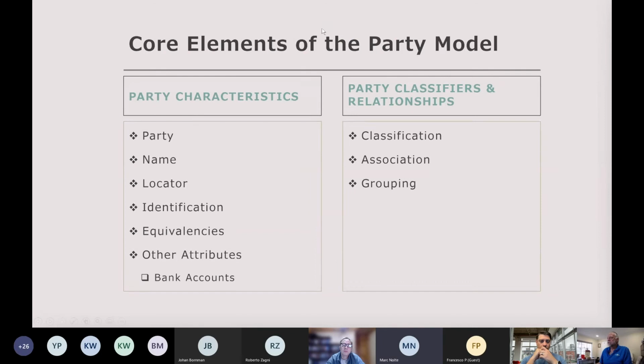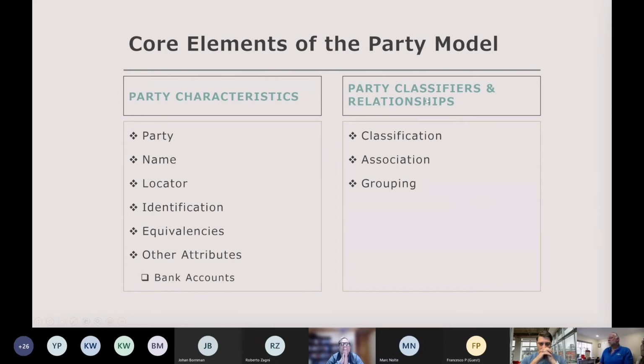All right. So when we refer to the core elements of the party model, I like to break them up in terms of the party characteristics. These are the elements of name, locator, identification, equivalency, other attributes, and bank accounts, and these can certainly grow.